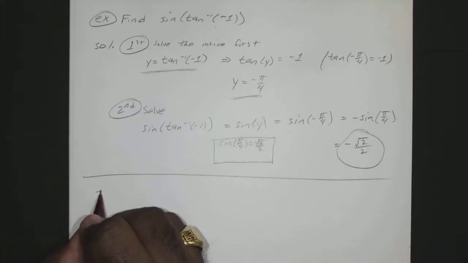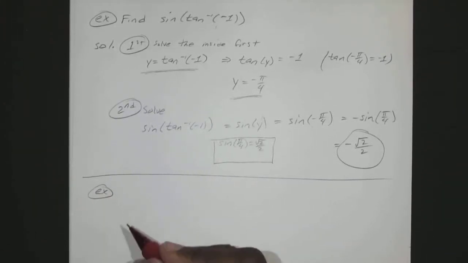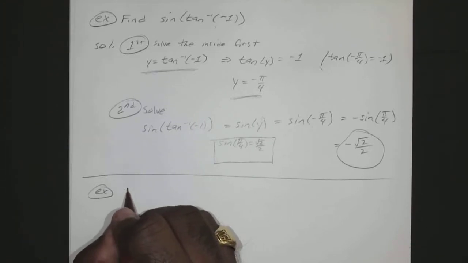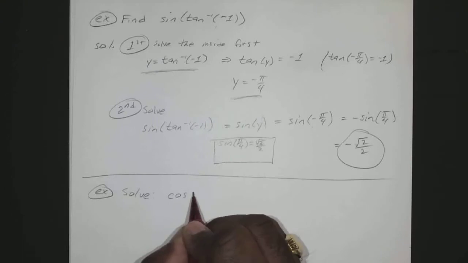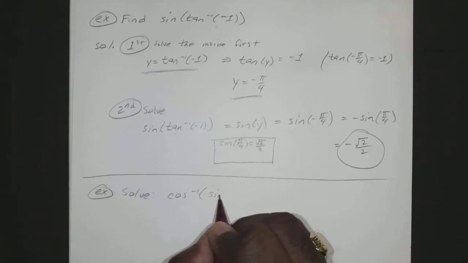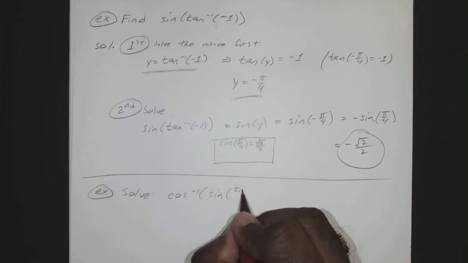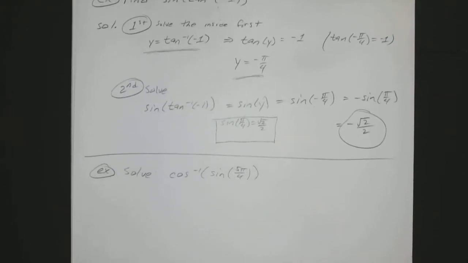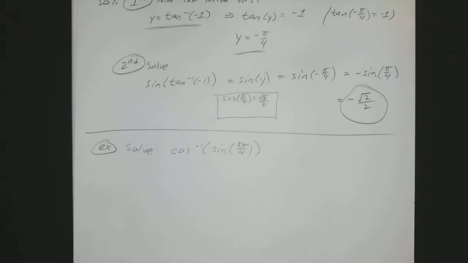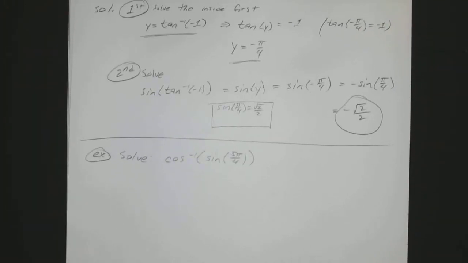Okay, so let's say, for example, you wanted to solve cosine inverse of sine of 5 pi over 4. Again, the first thing you want to do is solve the inside.